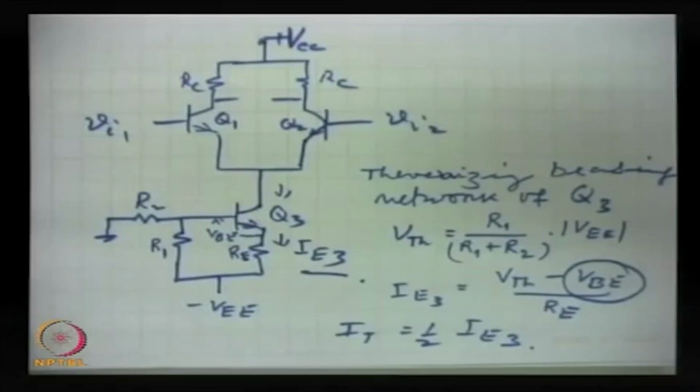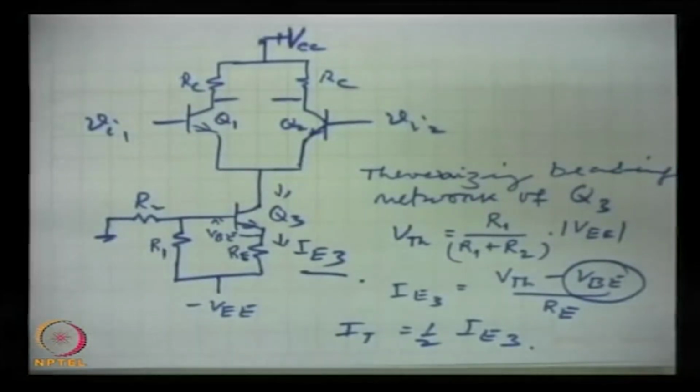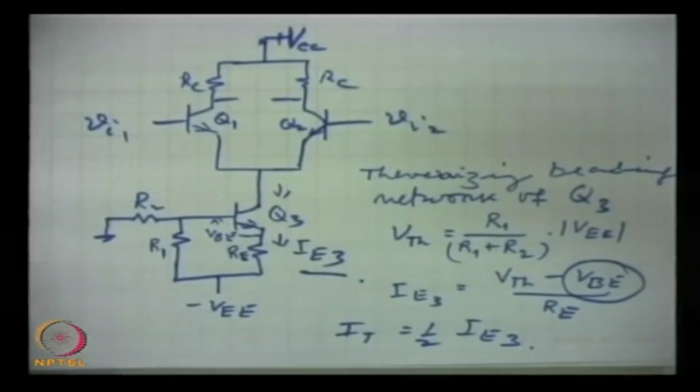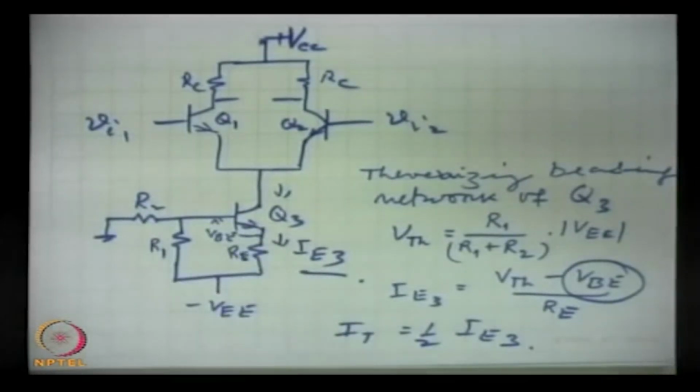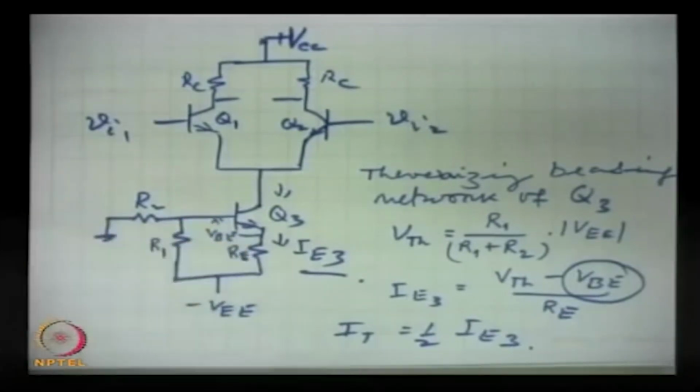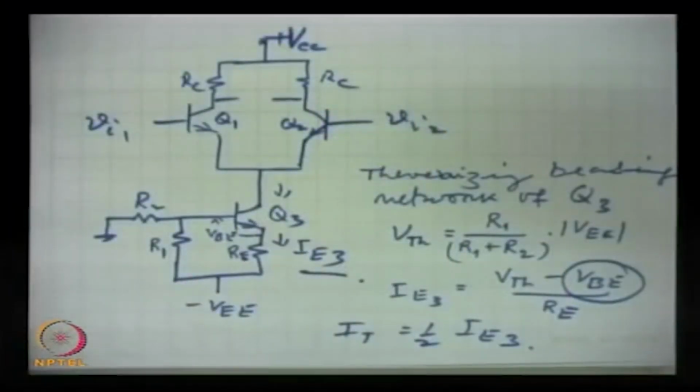It falls 2.5 millivolt per degree. So, if this input voltage VBE varies, that will vary the IB of this transistor, and hence IE will vary because of temperature variations.